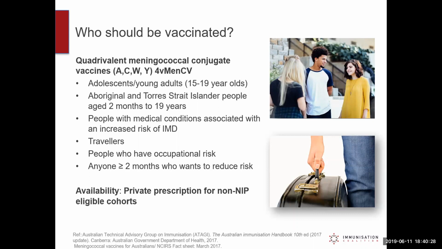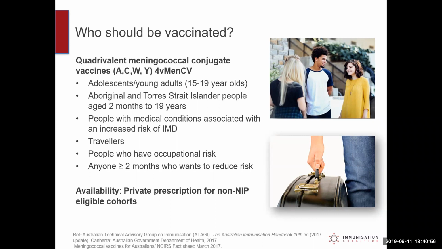So Nimenrix, of course, is available on the NIP for adolescents aged 14 to 19 years. Those that are aged 14 to 16 will likely receive this vaccine through a school immunisation program in around about year 10 level. Those students that are aged 15 to 19 and didn't receive the vaccine at school can receive it from their GP.